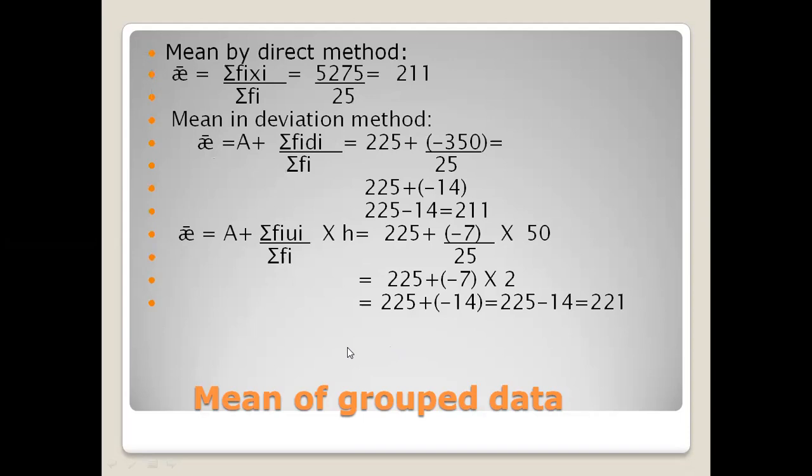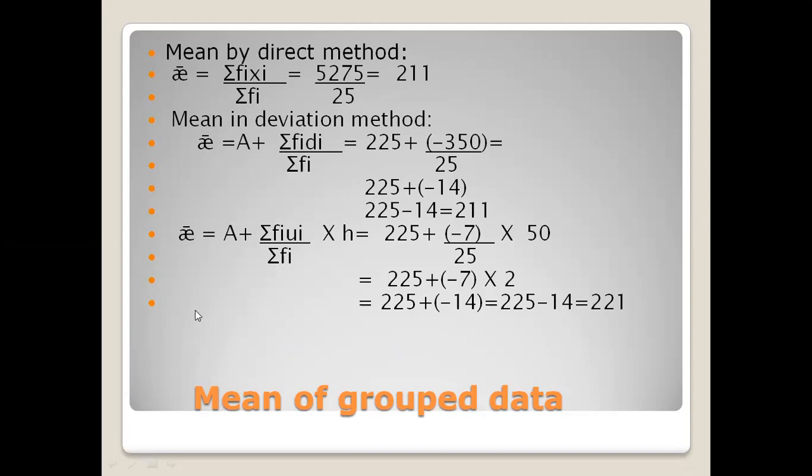Now, see the mean of the given question in all the three methods. First one, x bar is equal to sigma fi xi by sigma fi, that is equal to 5275 by 25. Its value is 211. Now, mean in deviation method. The formula is x bar is equal to a plus sigma fi di by sigma fi. That is equal to, we assumed mean is 225.